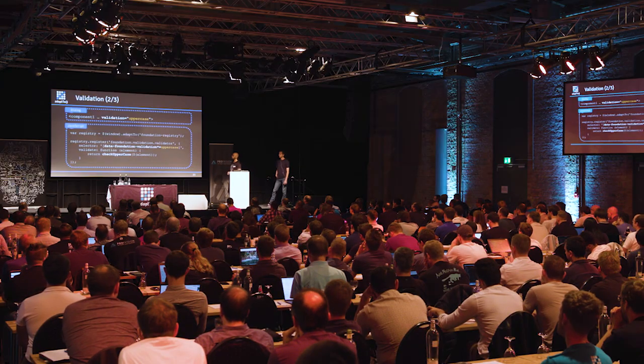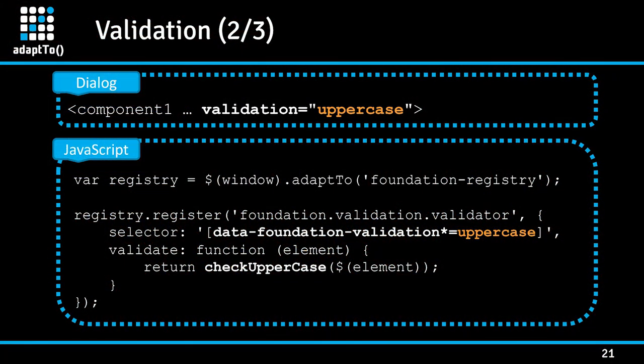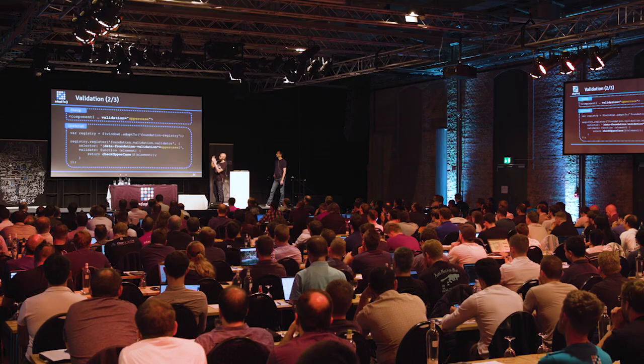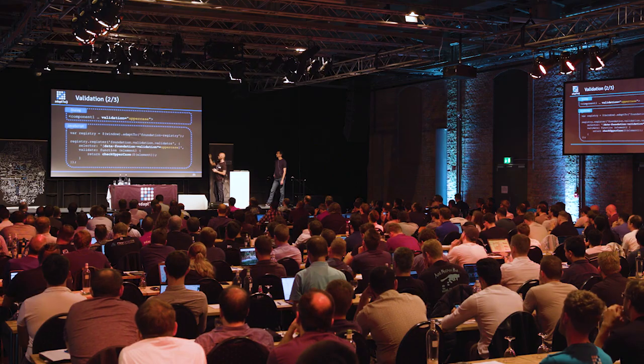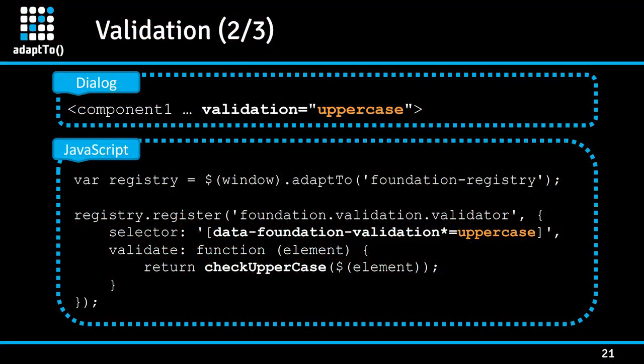Imagine that you have your validator. We call it uppercase. So what do you do? In your dialog, in the attribute that you now call validation, you just pass your uppercase validator to it. Then in your JavaScript, you first have to obtain your foundation registry, and then in order to use your uppercase validator, you need to register it into foundation validation validator.